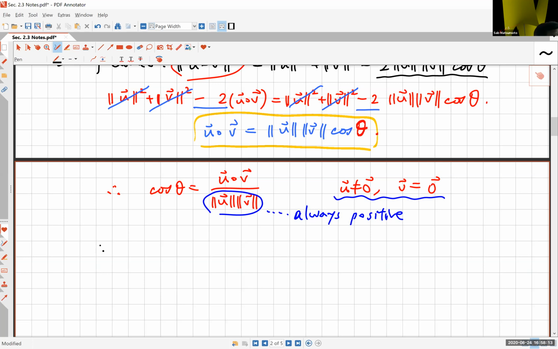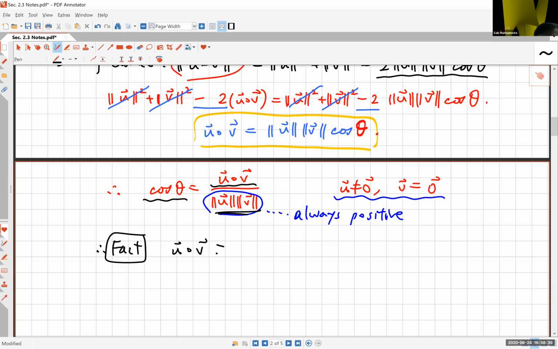Okay, so because these are positive, here's a very important fact. And in fact, I'm going to let you figure this out. Remember, the bottom is always positive. So that means that this side, cosine of theta, and this numerator, u dot v, have the same sign. If one of them is positive, the other is positive. If one is negative, the other is negative.